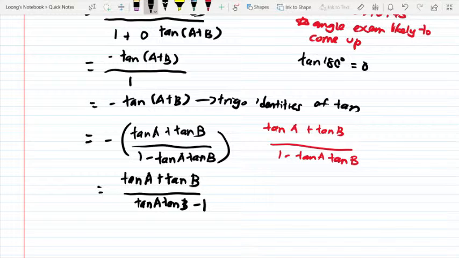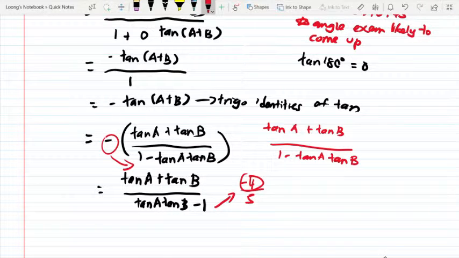And in this case here, one needs to take note that the negative here actually moved to the lower part of the equation, as the negative doesn't necessarily have to be put above the fraction. It can actually apply on both sides, either the upper or lower. So just take note of that.